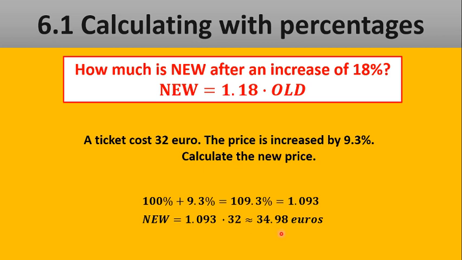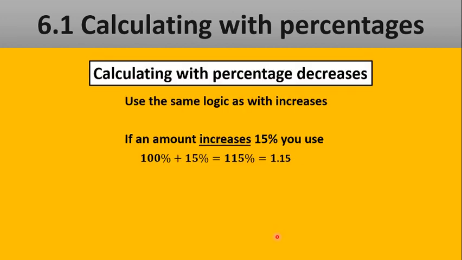If we know that we can calculate an increase this way, we can also use the same way to calculate decreases. So we're going to use the same logic. If an amount increases by 15%, you use 100% plus 15% is 115%, or 1.15.